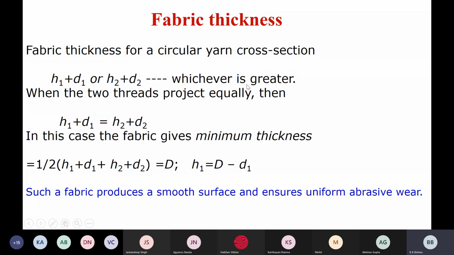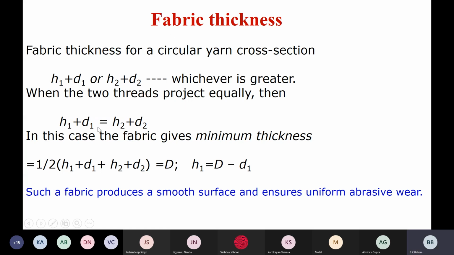Why is it greater? The greater value comes only when the yarn is not touching. The H is different. H is crimp amplitude. So crimp amplitude will remain the same as the yarn diameter only when they are touching each other at one point. But since they may not touch, it may create a gap.